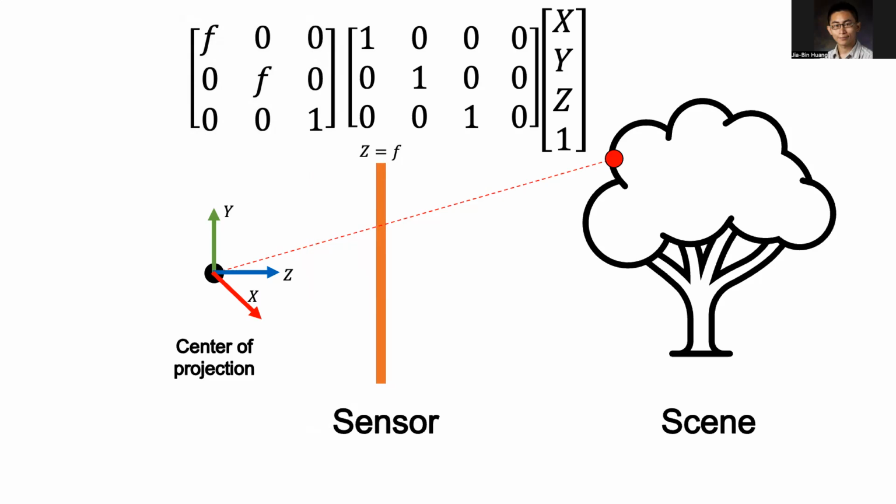All right, so we are progressively building up the camera models. Okay, so now we have this, right? Where we have a projection, and you have this f that corresponds to the scaling of the scene.